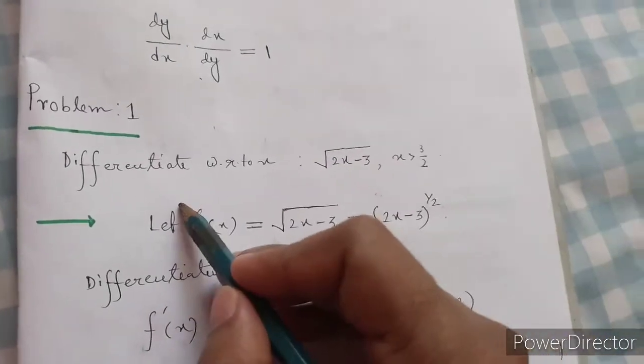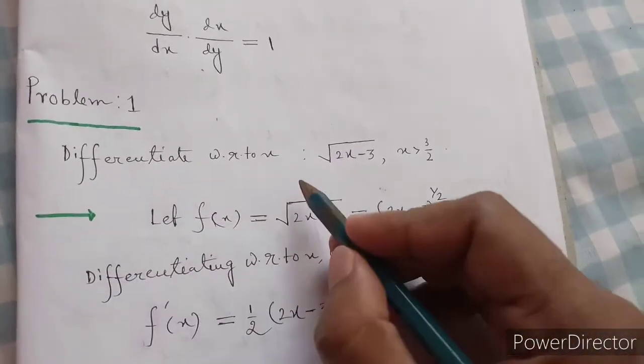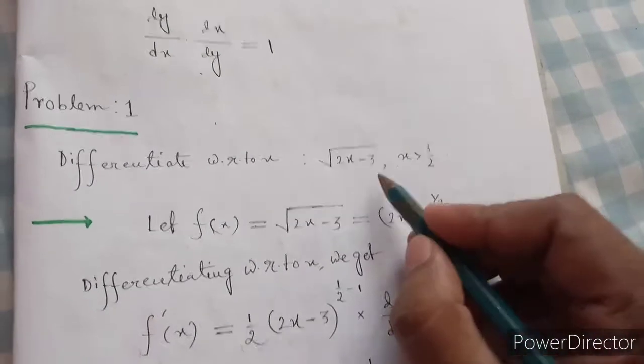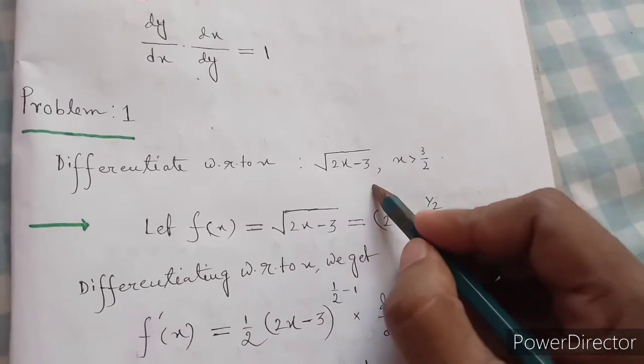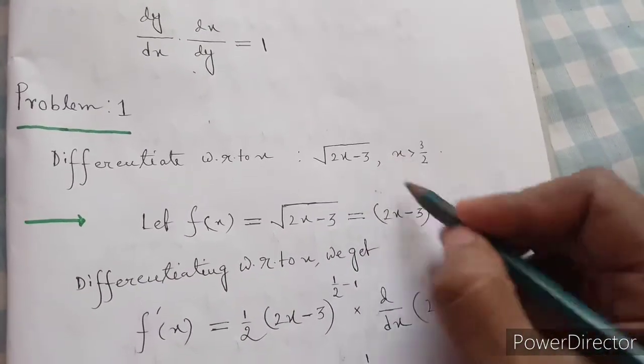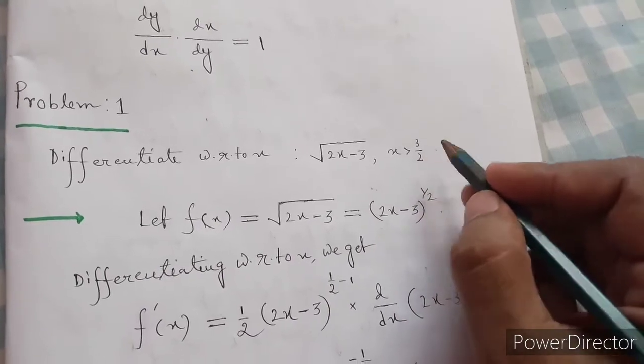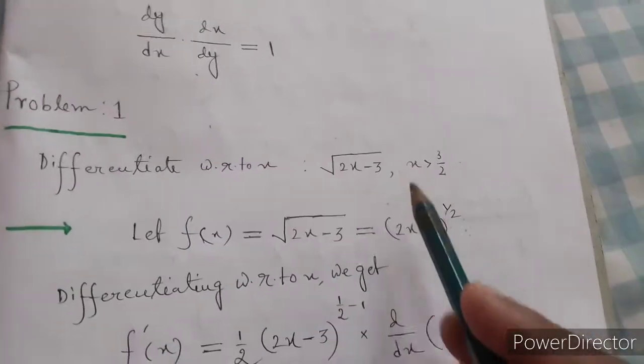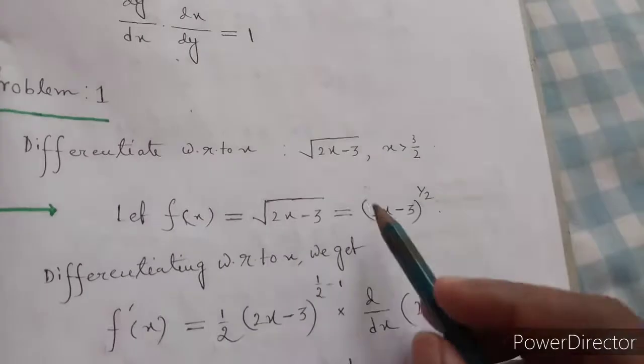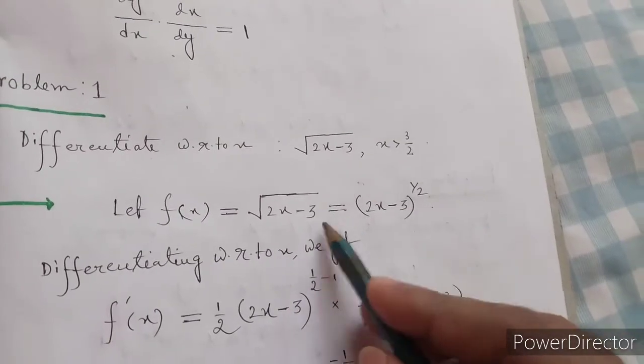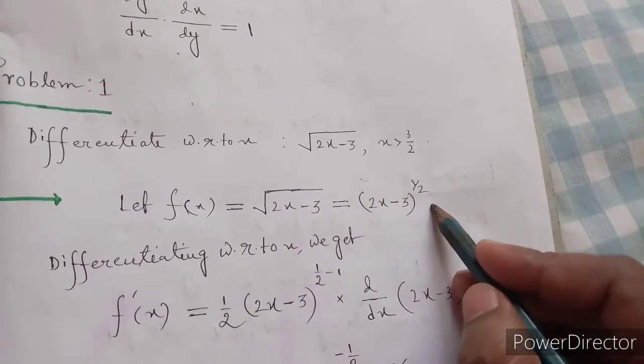Now problem number 1: differentiate with respect to x root under 2x minus 3, where x is greater than 3 by 2. How to solve it? Let f(x) equal root under 2x minus 3, which is equal to (2x minus 3) whole to the power half.